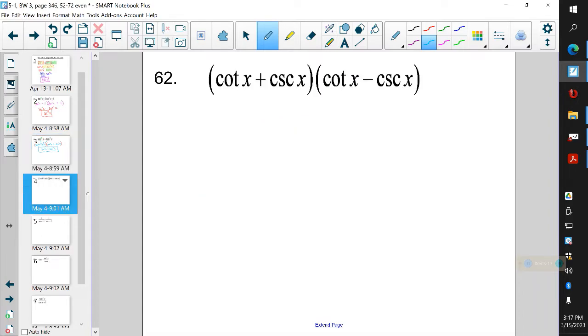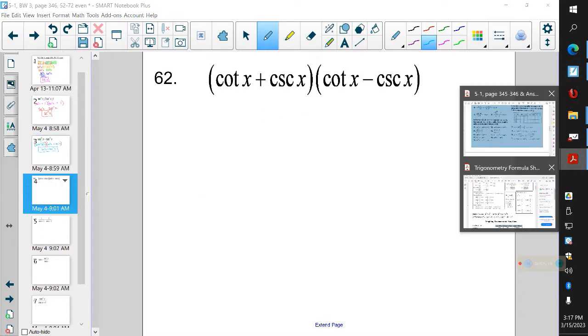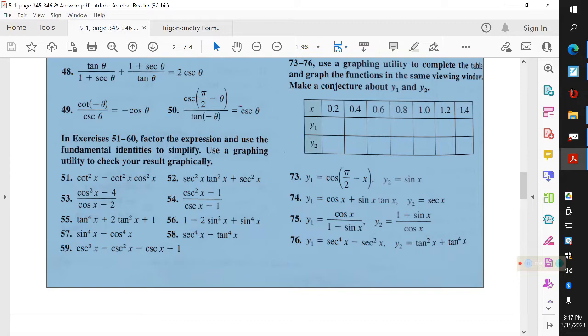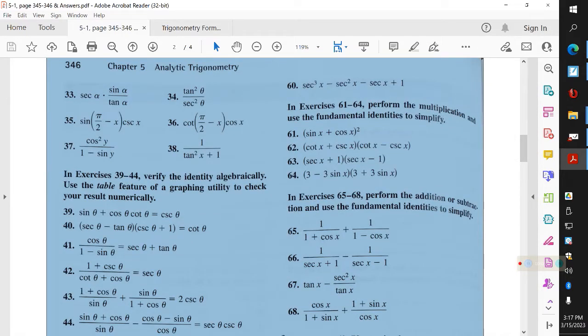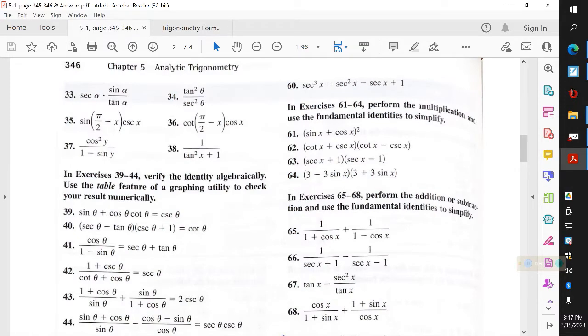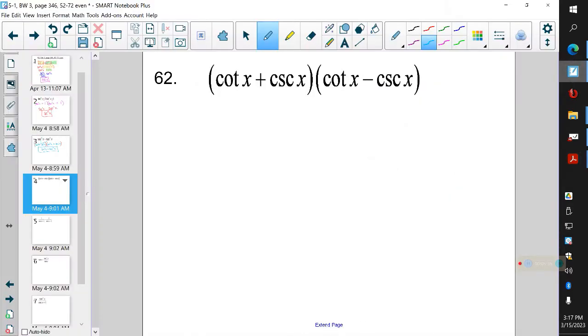Okay? Problem 62. The directions say, in exercise 62, perform the multiplication and then use the fundamental identities to simplify. So they want you to multiply. If I'm multiplying here, that means I need to FOIL.